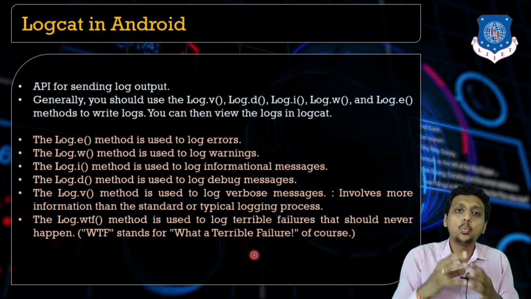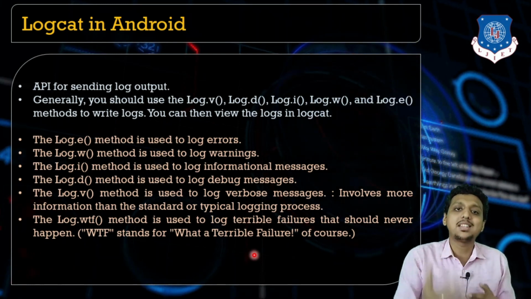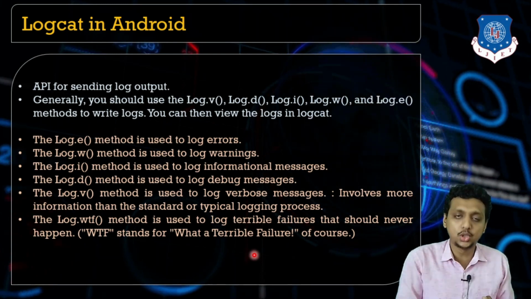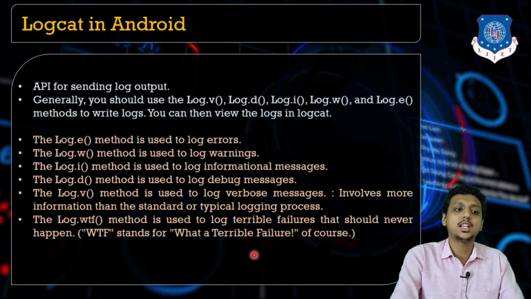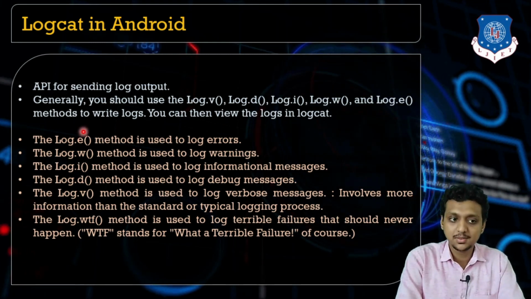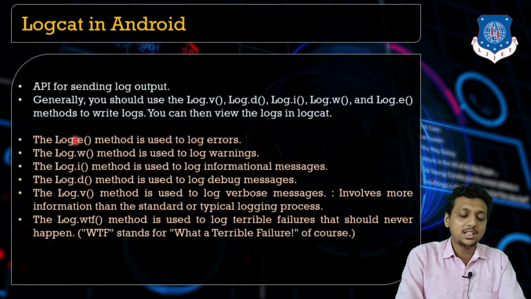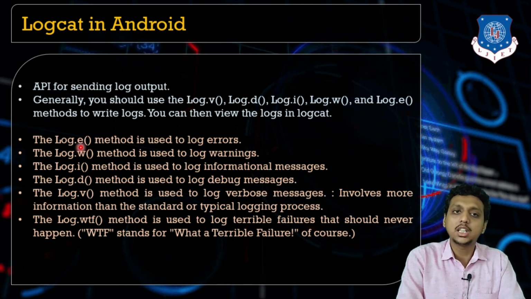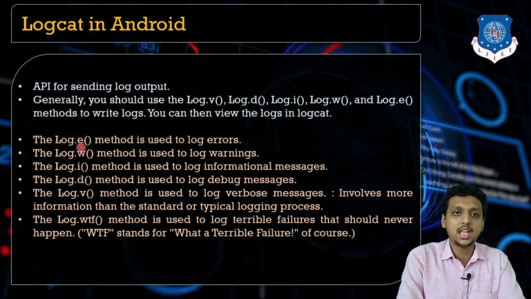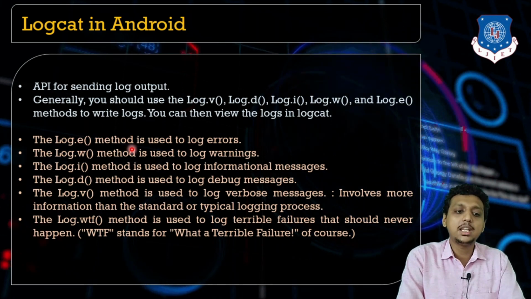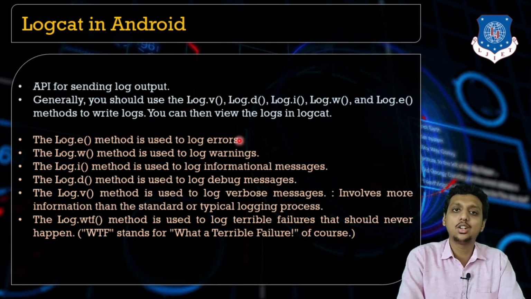To write down or to see the messages or the output in the Logcat, we have various methods. The first one is Log.e. E stands for error. This Log.e method is used to showcase the log's error.